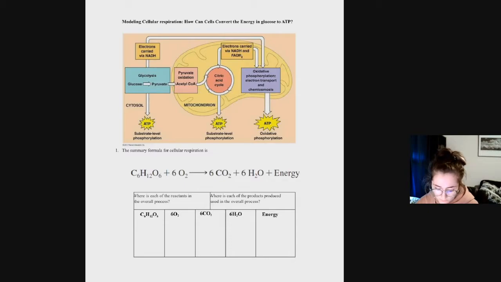The table that we'll be starting with asks where each of the reactants are in the overall process. The first one we're starting with is glucose, and as we can see here, that's one of our reactants.